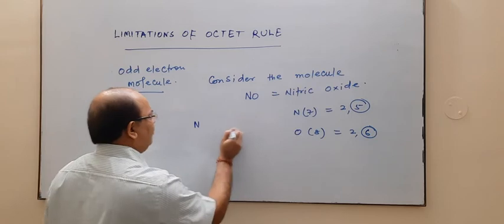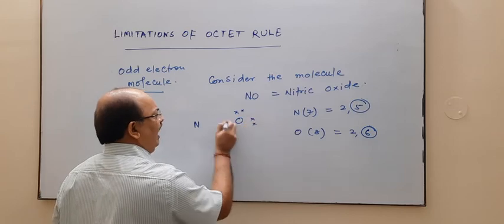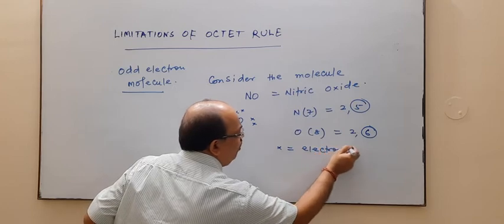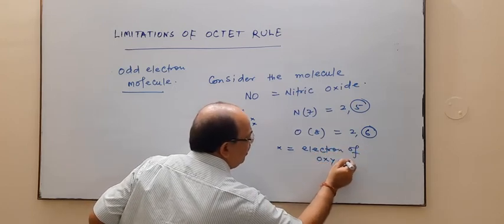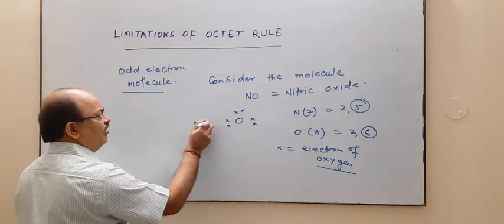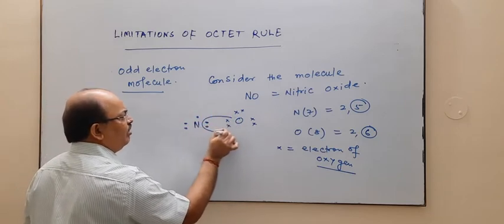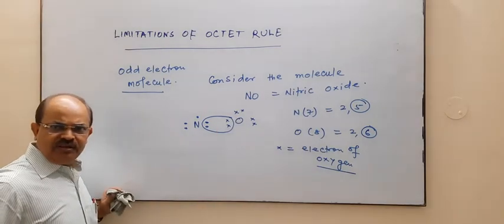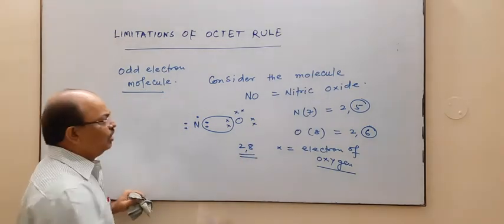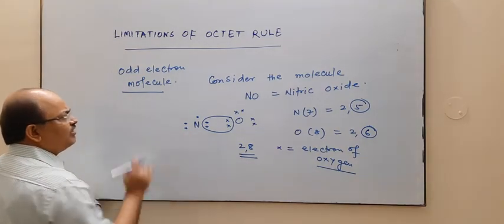Now suppose we have oxygen here, it is your 2, 4 and 6. Cross will represent the electron of oxygen. While in case of nitrogen, say it is 2, 4 and 5. Now there is a double bond. ये दो electron की sharing करें. So after sharing, this oxygen has your 2, 4, 6 and 8. But even after sharing, what about this nitrogen?